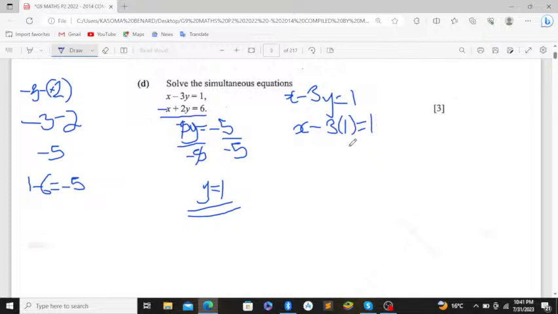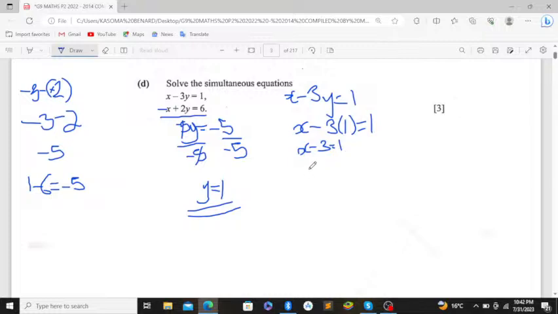Now we're going to evaluate here. So we write x minus, 3 multiplied by 1 will give us negative 3, which will be equal to 1.